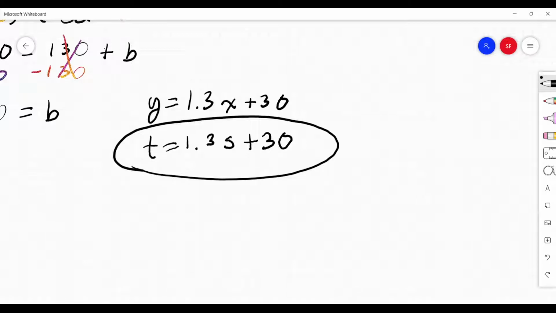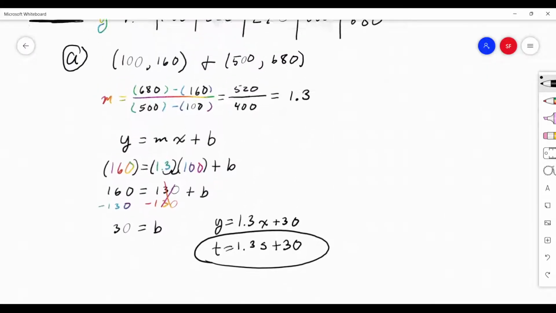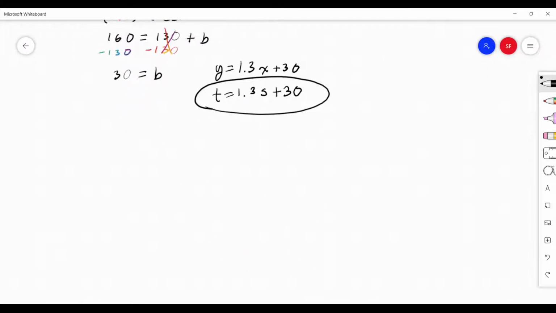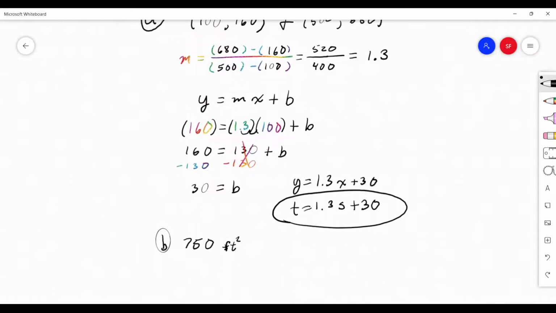So for B, the next part, everything we've done so far isn't hardly even word problem, right? B says to predict the amount of time required to paint a room measuring 750 square feet. So then it's just a matter of finding out how. You don't need the table for that, but I can.